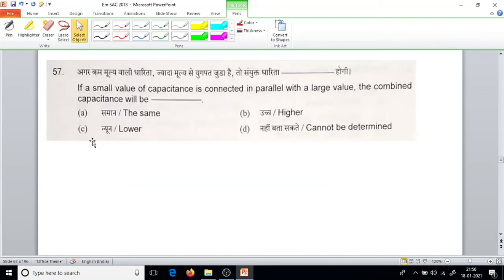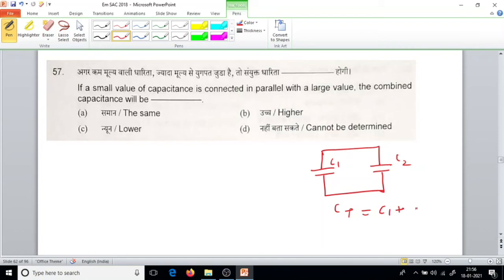Question number 57. If a small value of capacitance is connected in parallel with a large value, the combined capacitance will be higher. We have already seen that when capacitors are connected in parallel, they get added: CT will be C1 plus C2.